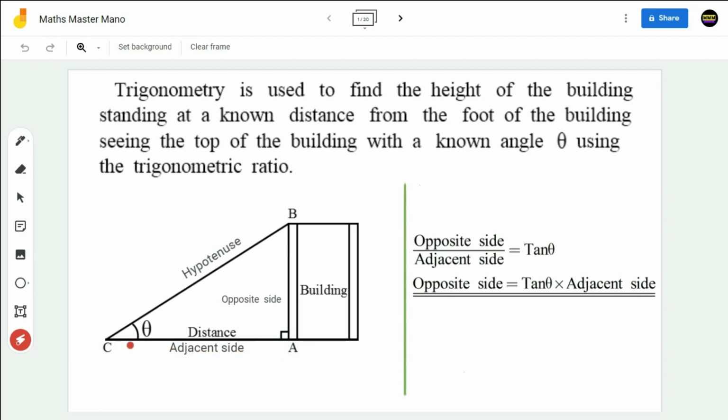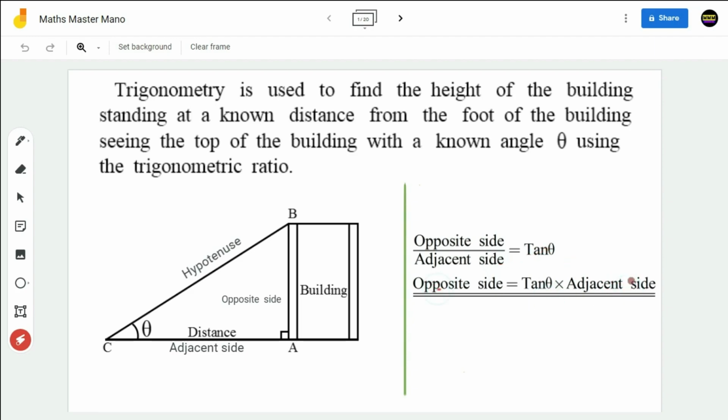We have to find the opposite side, that is we have to find the height of the building. The trigonometric ratio related to the opposite side and the adjacent side is tan theta, that is opposite side by adjacent side equal to tan theta. By cross multiplication we can take this adjacent side to the numerator, that is opposite side equal to tan theta into adjacent side.